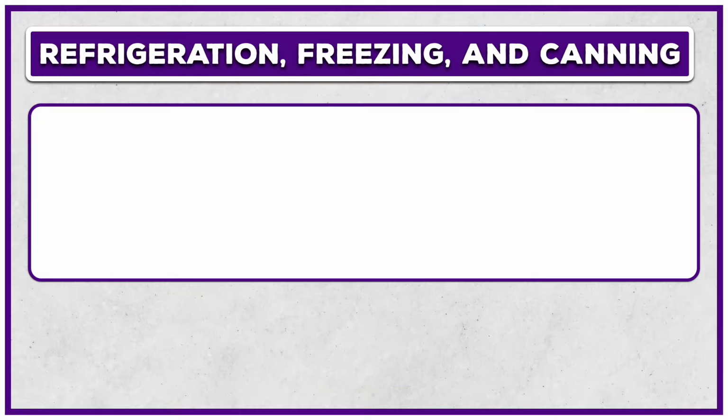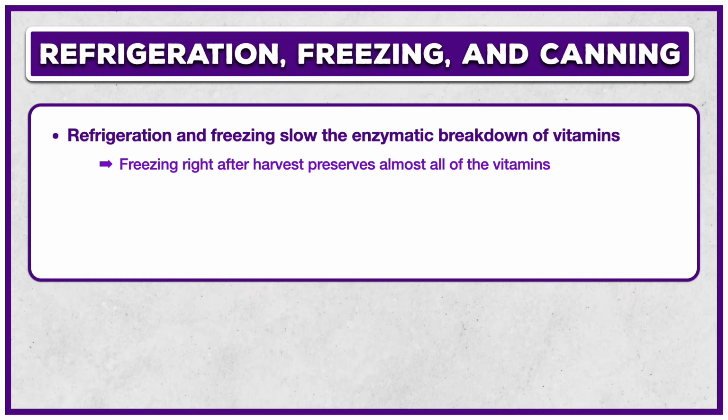Finally, refrigeration, freezing, and canning are storage techniques that can help to preserve food. Refrigeration and freezing slow the enzymatic breakdown of vitamins, so both are effective at preserving the vitamin content, though freezing has a distinctive edge. Freezing right after harvest preserves almost all of the vitamins, making most frozen fruits and vegetables reliable sources.